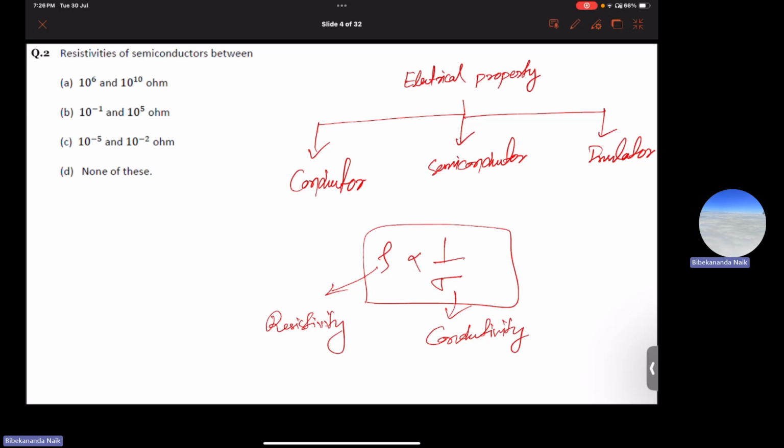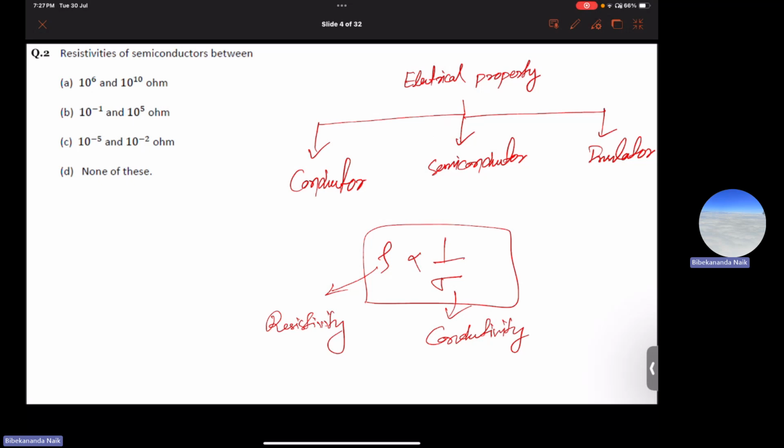Now, in case of semiconductors, very few electrons are available to carry electric current. So they are better conductors in comparison to insulators. However, they are bad conductors in comparison to conductors.